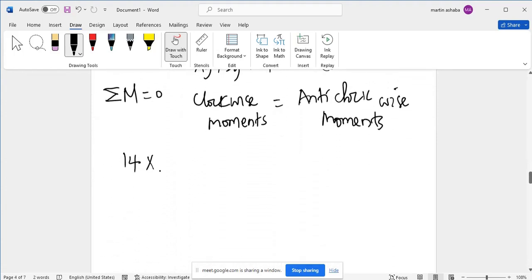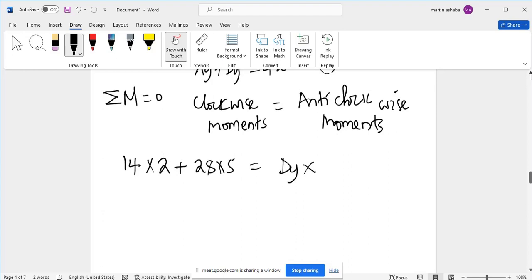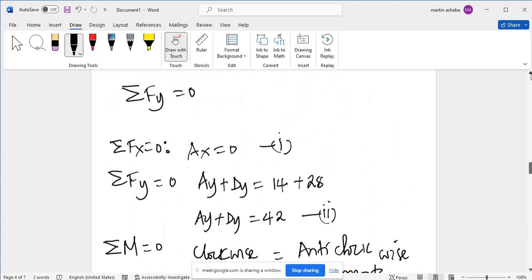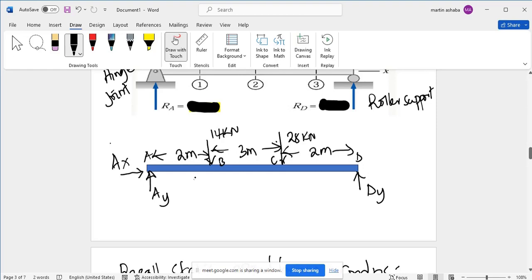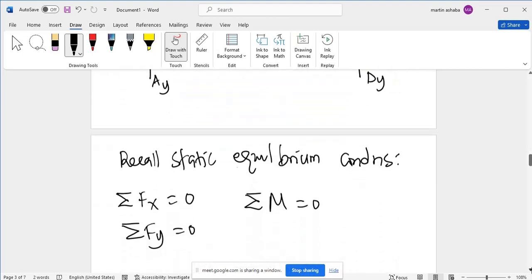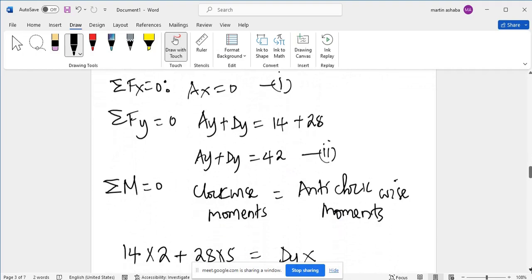So we have said this is 14 times 2, plus 28 times 5, which is equal to dy times the perpendicular distance from A, and which is that distance, let us see. It is 2 plus 3 plus 2, which becomes 5 plus 2, and it becomes 7. So it will be 7 times dy.